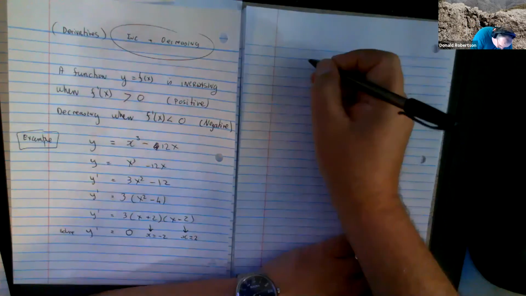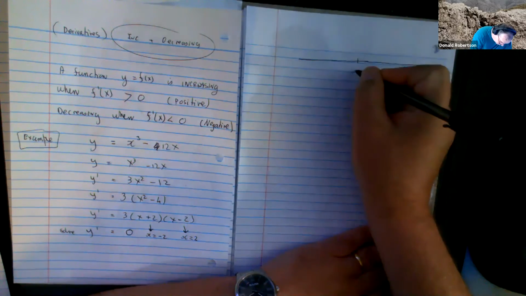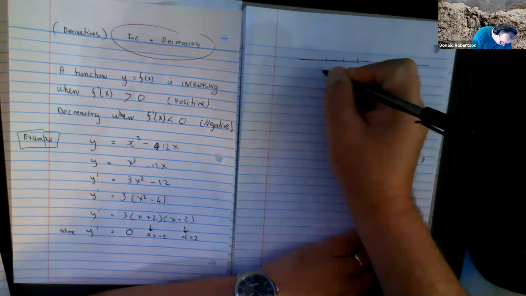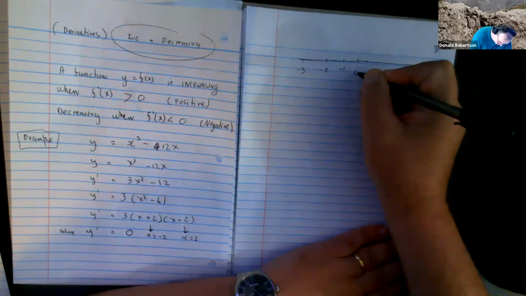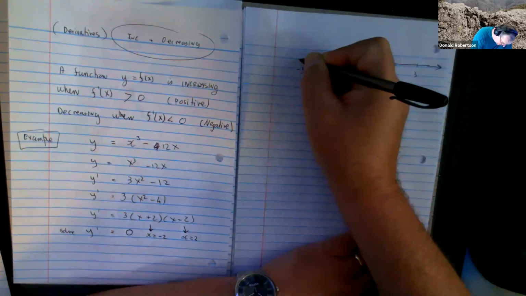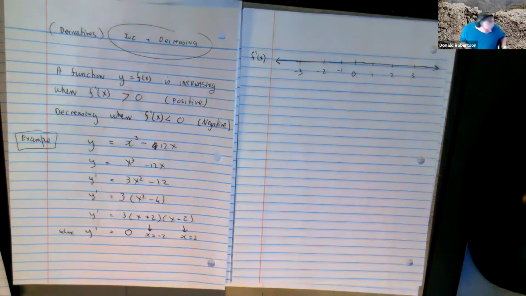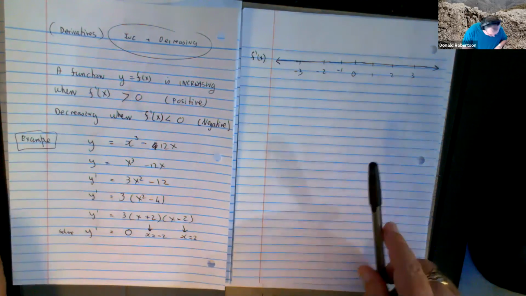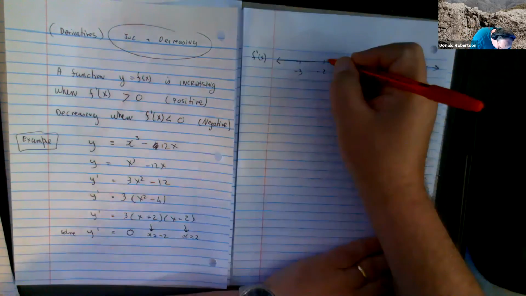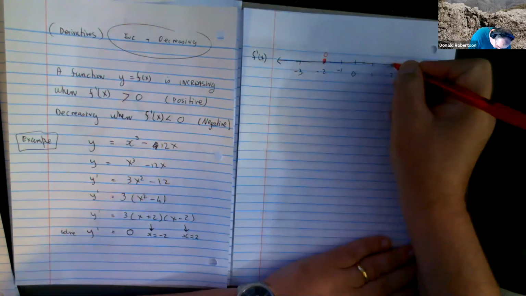Now, what I tend to do here, and I'm a visual person, but there are other ways to do this, is I draw a number line. And on this number line, I'm going to put values of the derivative. Now, I know that when x is -2, the derivative is 0. I now know that when x is 2, the derivative is 0.